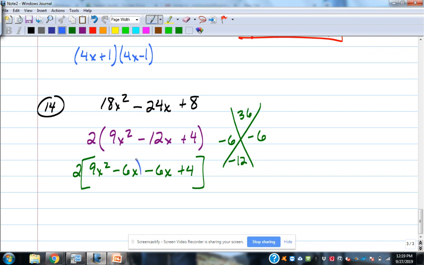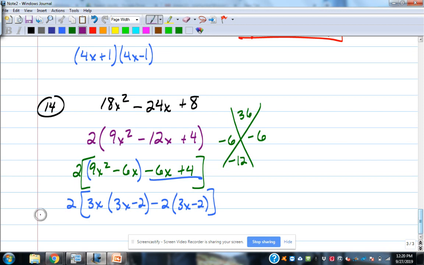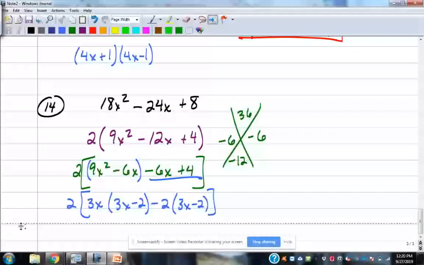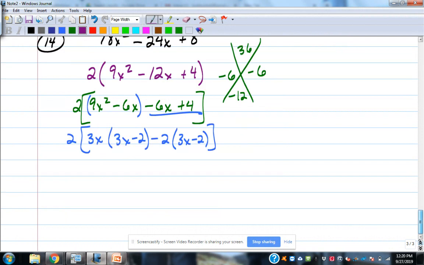GCF of the first group: 3x. 3x minus 2 is left. What do we pull out of the second group? Negative 2. Leaves the 3x minus 2. The 2 that we pulled out at the beginning is still out there. So, final answer.